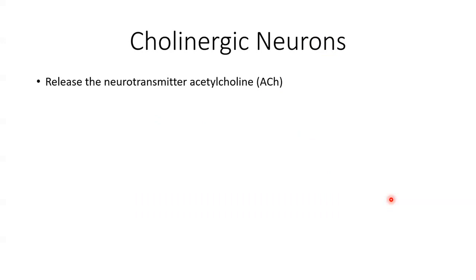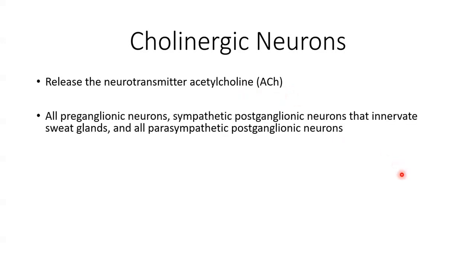So our cholinergic neurons release the neurotransmitter acetylcholine. You'll see acetylcholine written as ACH. In the autonomic nervous system, cholinergic neurons include all of our sympathetic and all of our parasympathetic preganglionic neurons. So all preganglionic neurons are cholinergic.